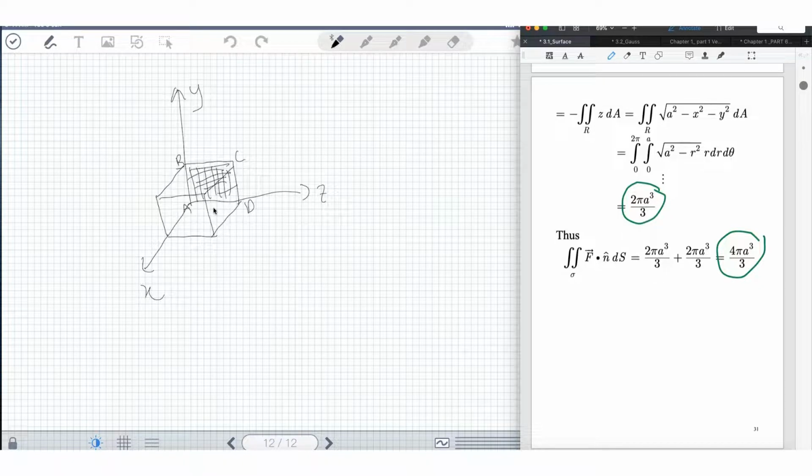Meaning that you have to compute the surface integral for the other sides. You have to provide me 5 surfaces or 5 calculations. But you cannot use Gauss because this is not closed. So that is the idea about the Gauss. The condition to apply the Gauss is that the surface should be closed.